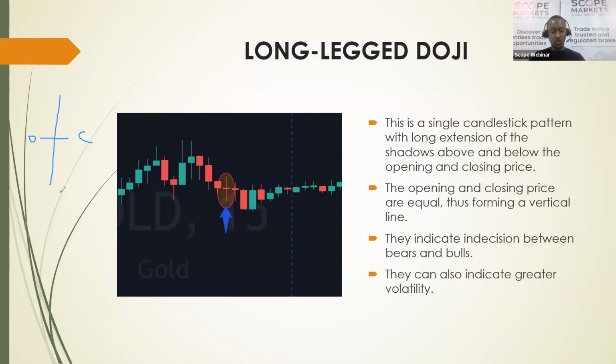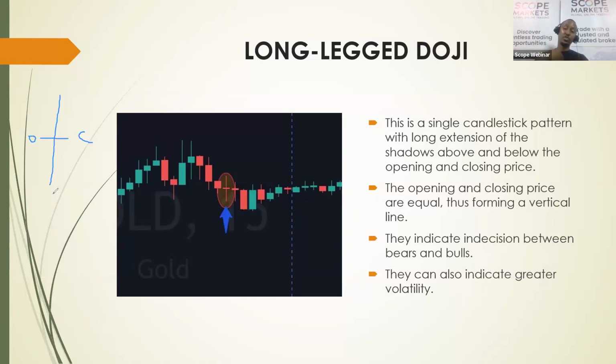With this type of candlestick, what becomes interesting is the long upper wicks and the long lower wicks, because this shows that volatility is trying to come into place. You'll see these types of candlesticks especially when we have mixed data. You have heard me talking about data, those who have been following me for some time. When you have mixed data, the market will tend to react on both sides.